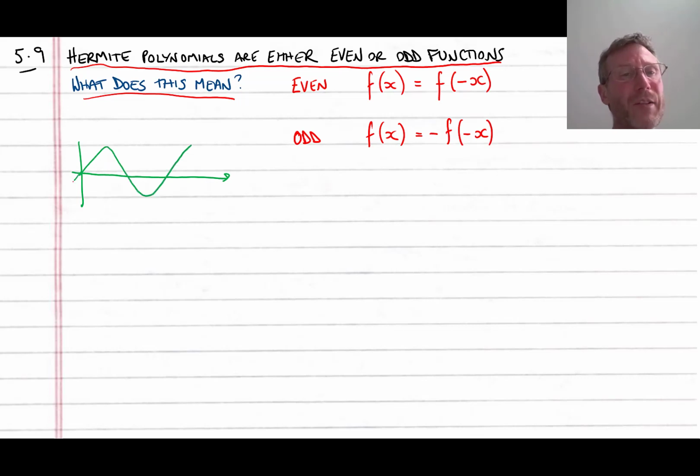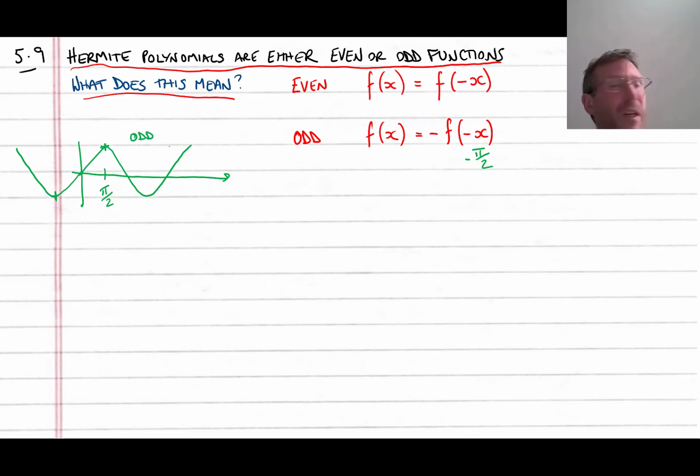Really what we have to do is go back to the other side, into the minus x direction, and we recognize that the sine function is an odd function. If we take pi over 2, for example, the sine of pi over 2 is plus 1. If I go back to minus pi over 2, I find that when I plug minus pi over 2 in here, what I get is a minus 1. That minus 1 is equal but opposite in sign to the value with plus pi over 2. So we would say that a sine function is an odd function.